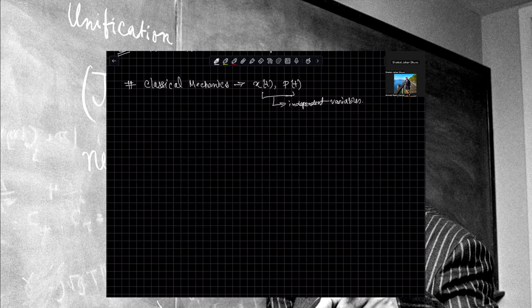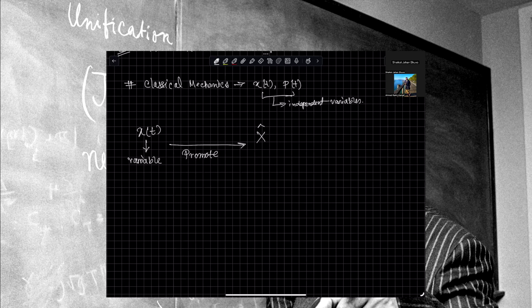So when you do quantum mechanics, what you do is you take these variables. So this is a variable, like a number, and you promote it to an operator. Some people use hats. For this lecture, I'm not gonna be using hats.